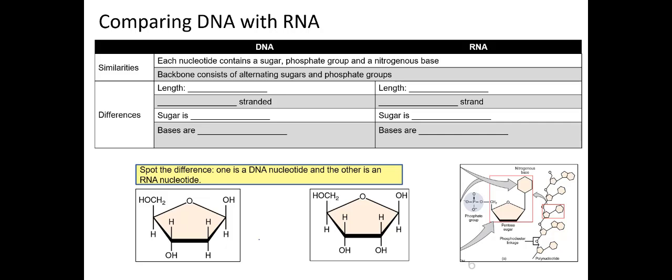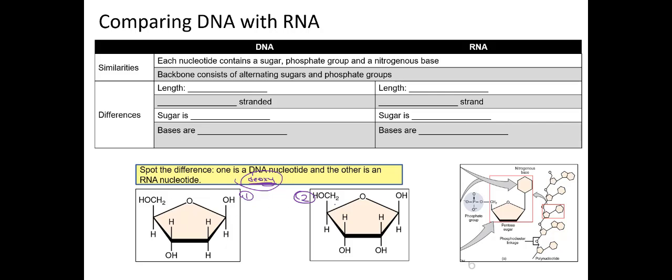When we compare DNA with RNA, so deoxyribonucleic acid to ribonucleic acid, what we can see is that if you look at the diagrams down below, again, please do not memorize this, right? One of these diagrams is DNA, and the other one is RNA. And DNA, the D in DNA, is deoxy, right? So it's missing one oxygen molecule.